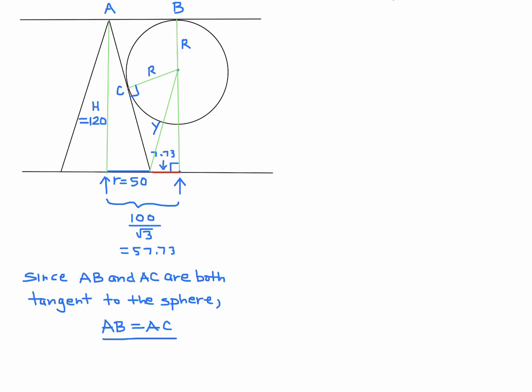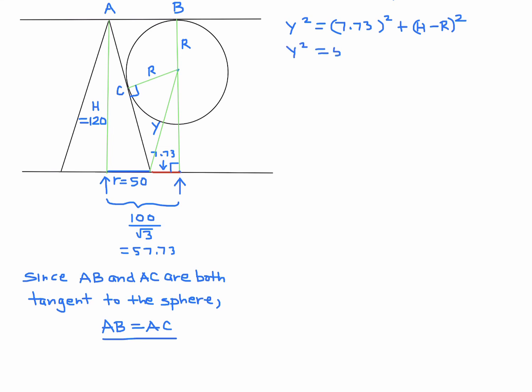So now, this will be two Pythagorean relationships. So the first one involves this triangle right here. And that will give me the following equation. Y squared is equal to 7.73 squared plus this distance. Well, that distance is the full top to bottom, which is h, minus this radius, minus r, like that, all squared.